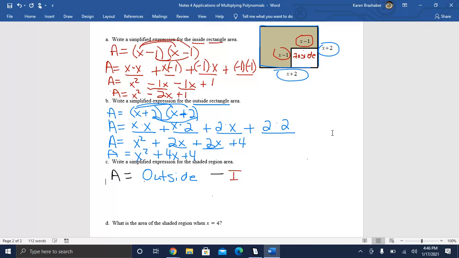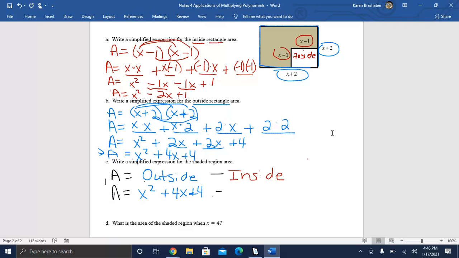So I will be setting that up. Area would equal, I want to use my answer that I got for the outside. So x squared plus 4x plus 4. And we're going to subtract from that.